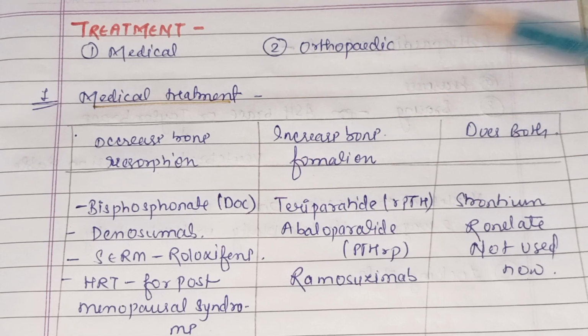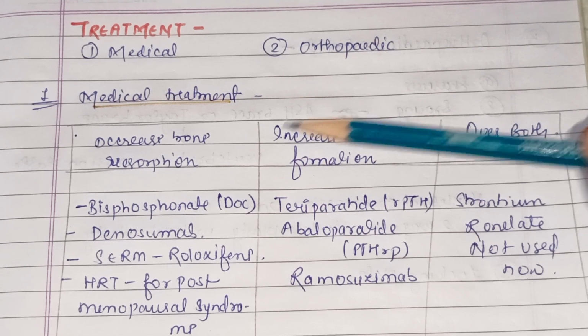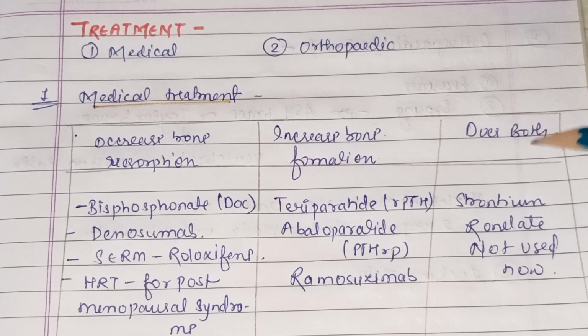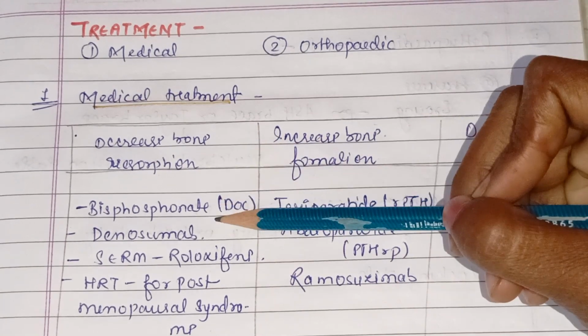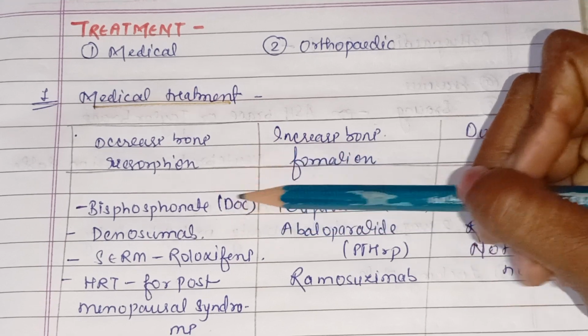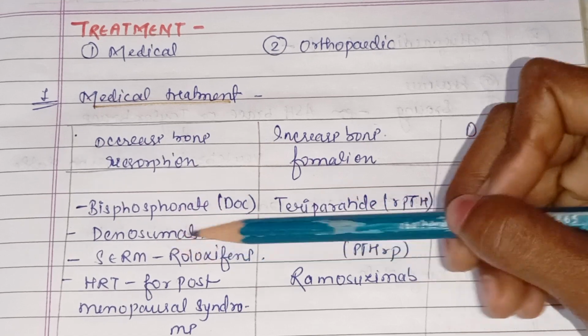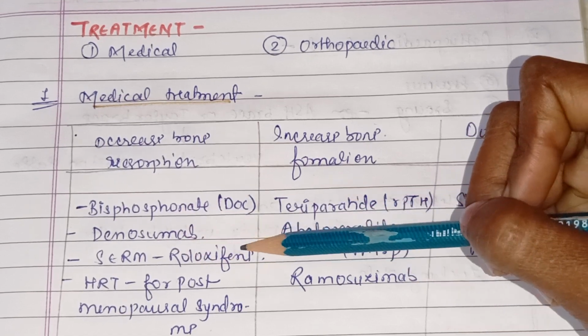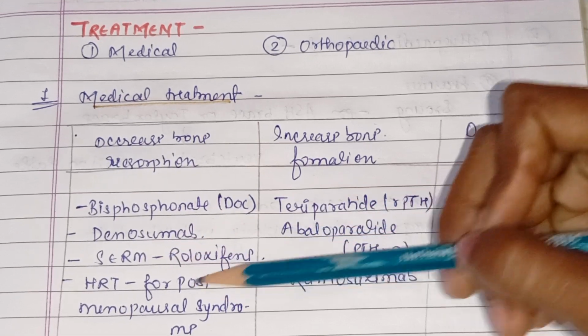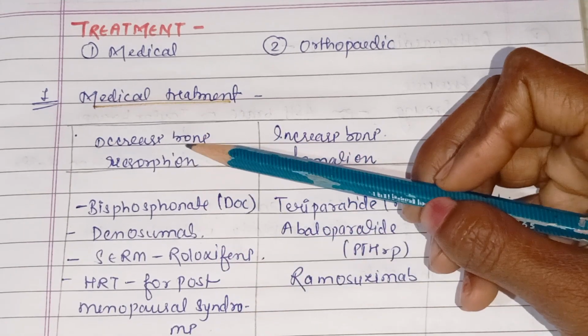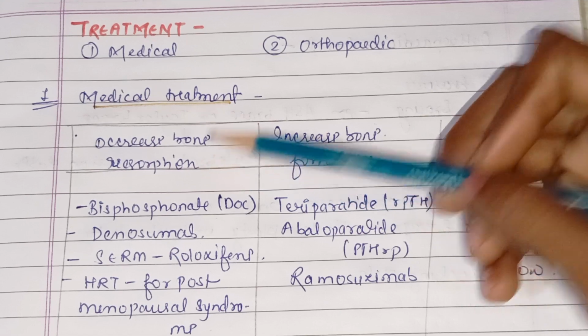Here we care about decreased bone resorption, increased bone formation, and drugs that do both. The bisphosphonates are the drug of choice for osteoporosis, along with denosumab, SERMs such as raloxifene, and HRT for postmenopausal syndrome, which are given for decreased bone resorption.